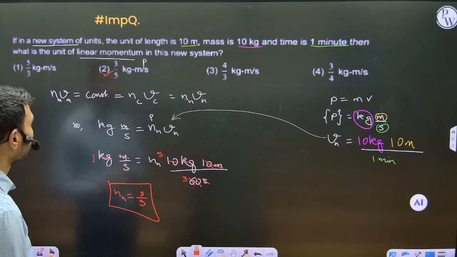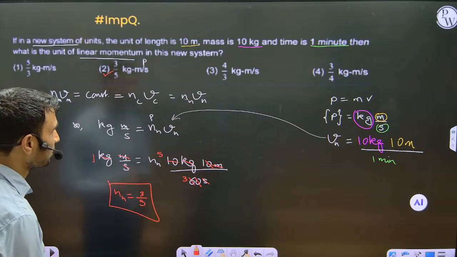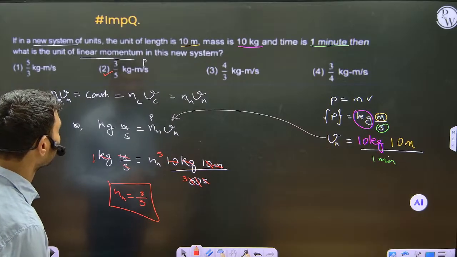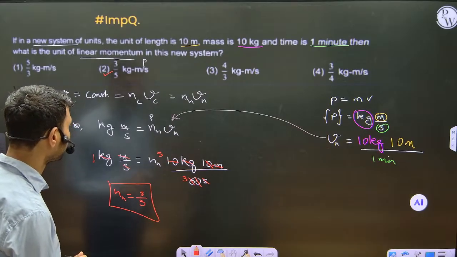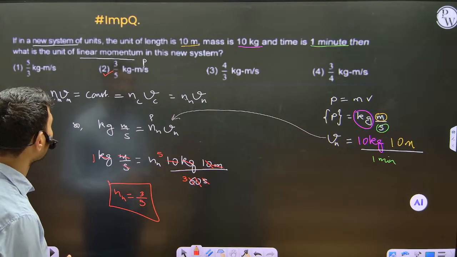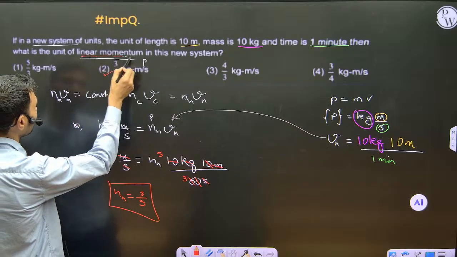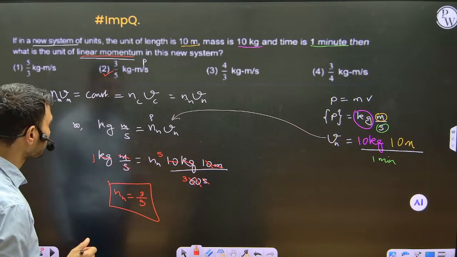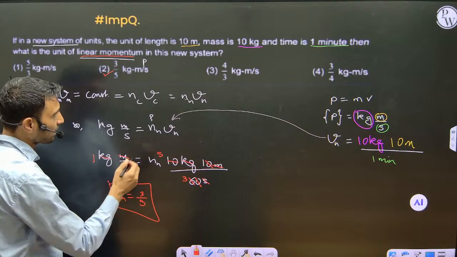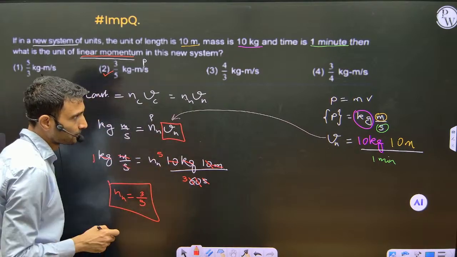So the unit of linear momentum is what? They're asking the unit of linear momentum in this new system. Unit of linear momentum in this system means we have got nn, and they are asking un.